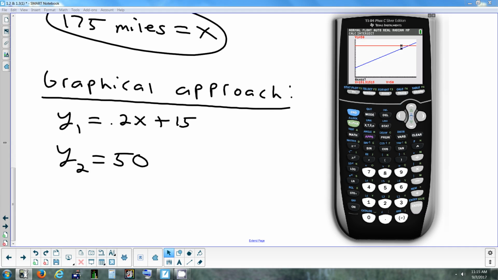So you've got to tell it which 2 you want to see. There's only 2 on the screen, so there's nothing to really pick. So pick the 2 lines, and then for your guess, just put the guess kind of close to the intersection point, and the calculator will handle it from there. So it tells me the intersection point is when x is 175.